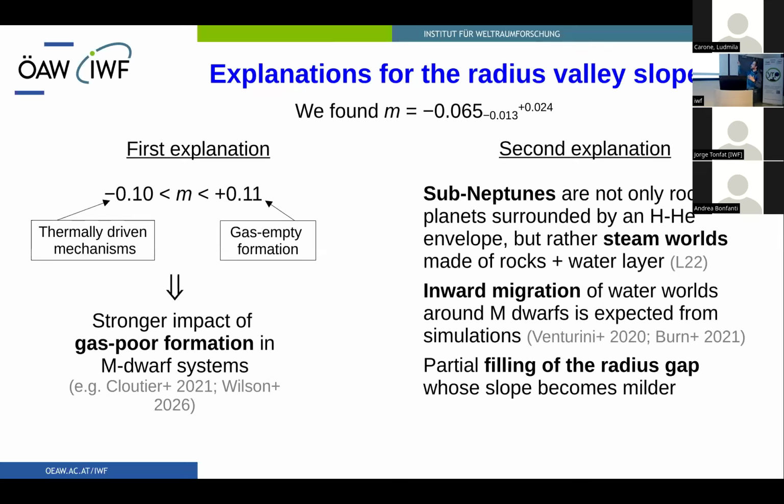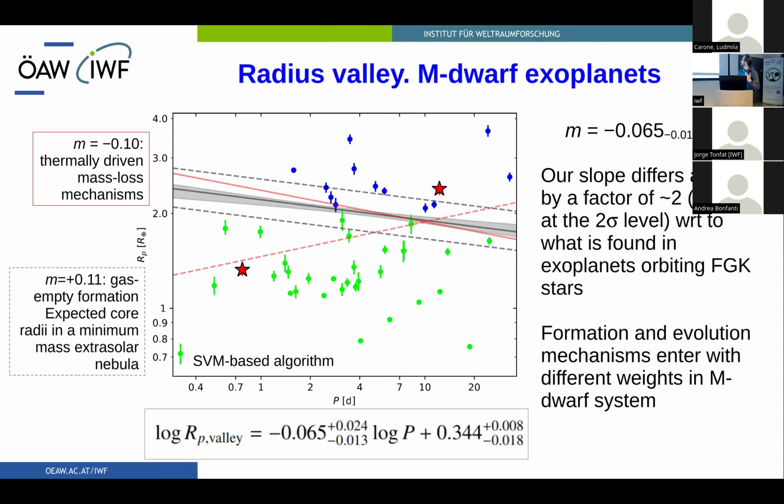And so the fact that the slope we found here is milder than the one that was found around FGK stars can be explained by thinking of a partial filling of the radius gap. Because if I come back to the previous slide here, essentially the sub-Neptunes are the blue data points.